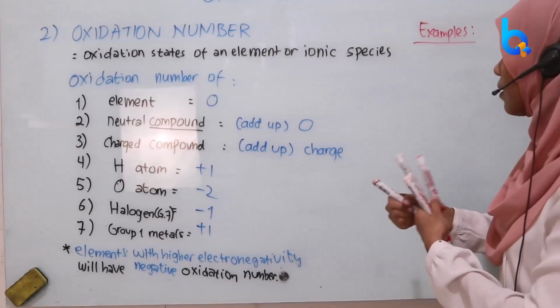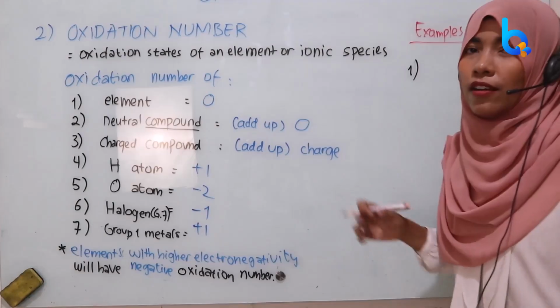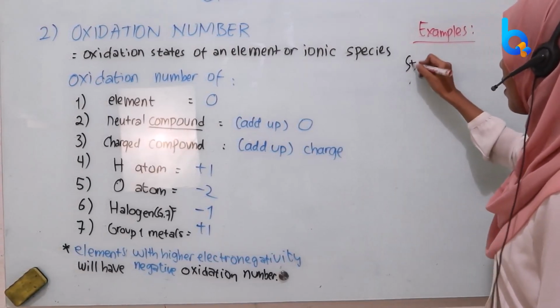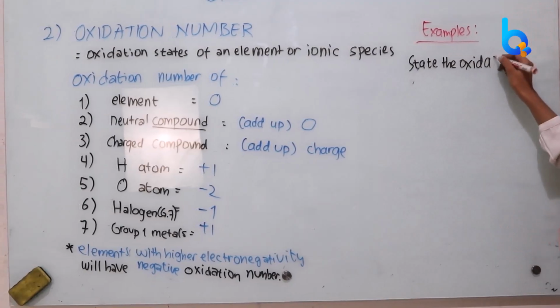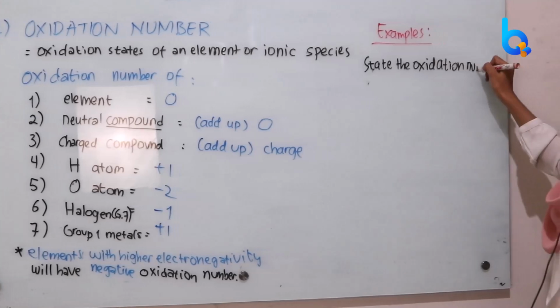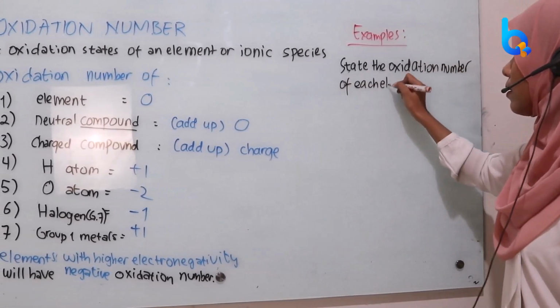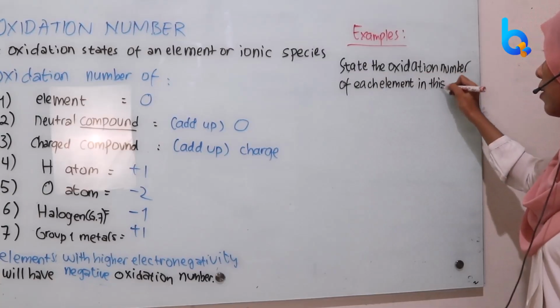The first one. Let's say we want to find out the oxidation number of each element. State the oxidation number of each element in these compounds.